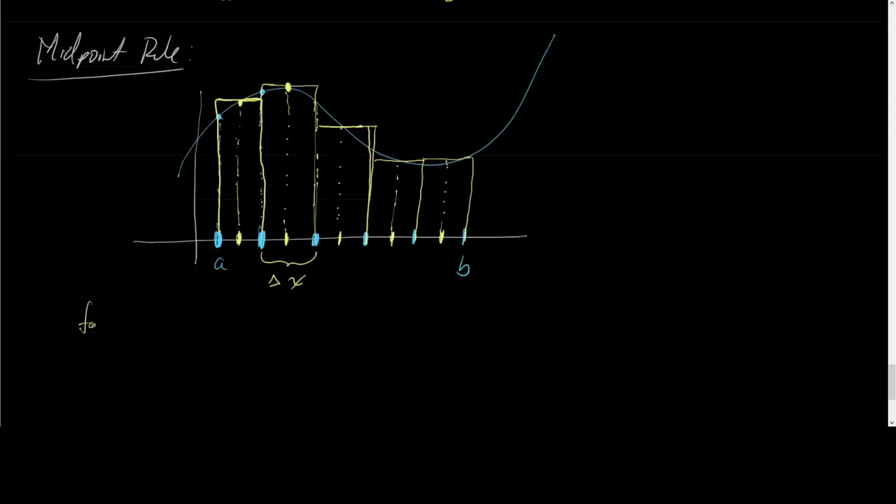So for the ith interval, the midpoint, which I won't give any notation, is going to be found by doing (x sub i minus 1 plus x sub i) over 2, where x sub i minus 1 is the left point of the interval, and x sub i is the right point of the interval.